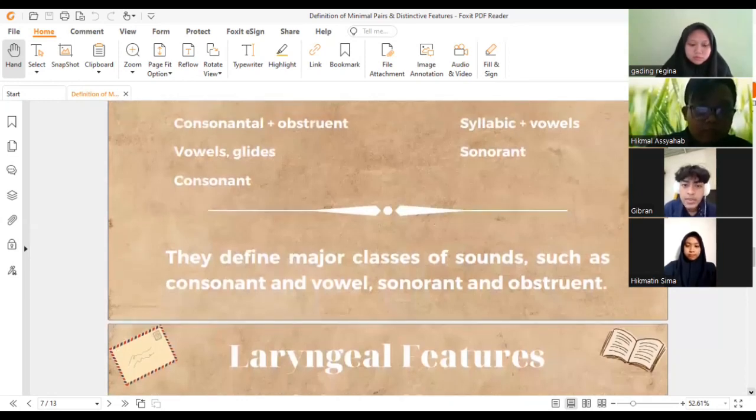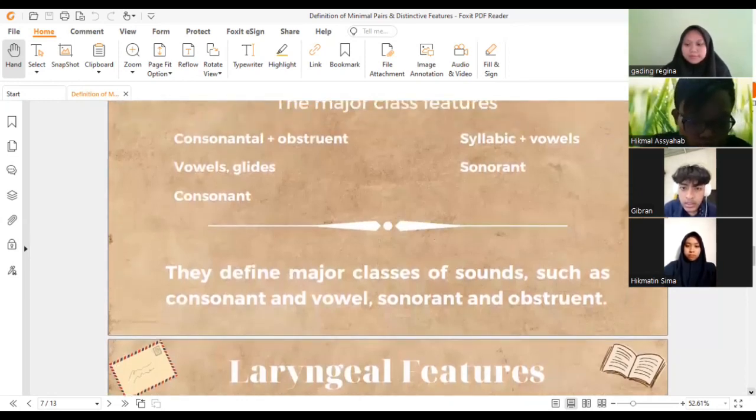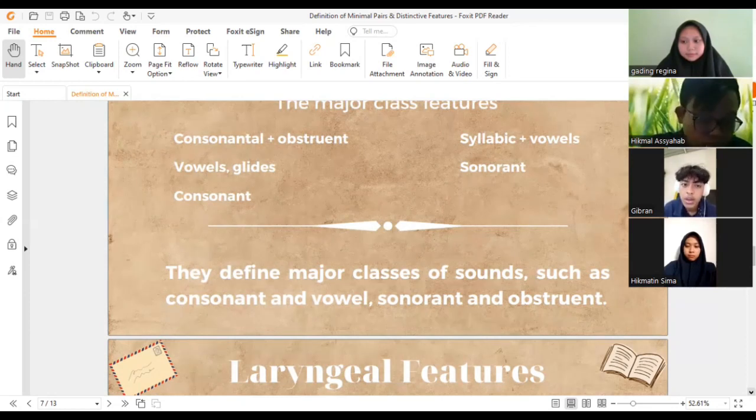Three major class features can be used in a cladogram tree to define the major sound classes. Note that each branch of the tree is associated with one of the three features, and the left and right directions at each branch are labeled with the plus and minus feature values.